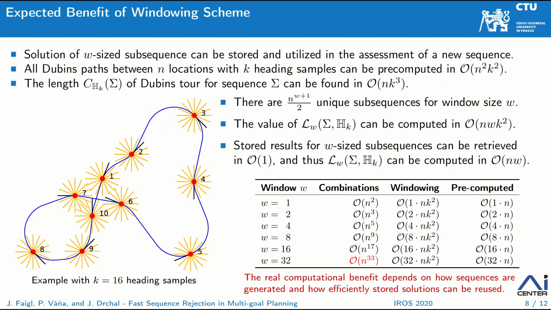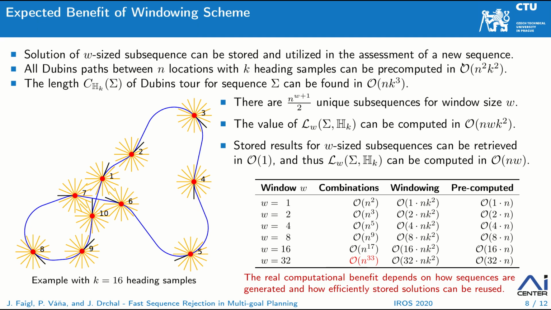Let's examine the possible benefits of the windowing schema theoretically. We assume that solutions of the W-size subsequences can be stored and utilized in the assessment of a new sequence, for example, using a hash map data structure. We can pre-compute all Dubins paths between all n locations with k headings in n squared k squared.